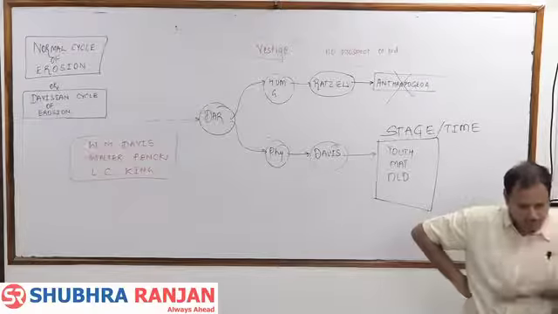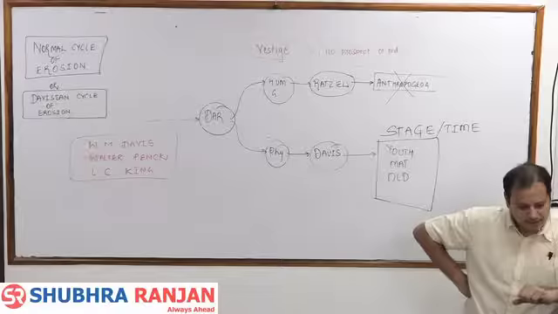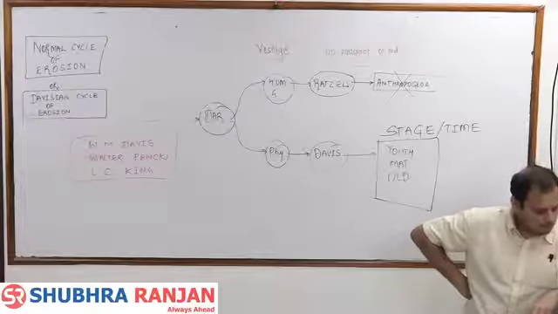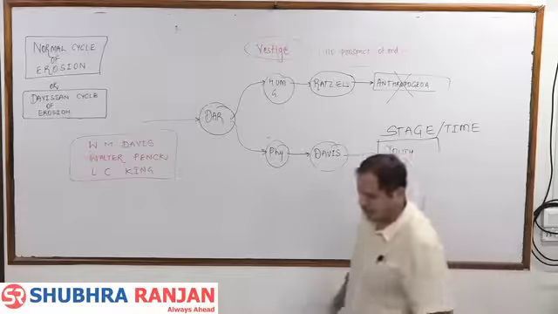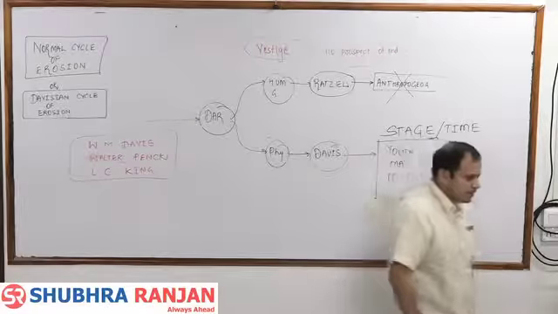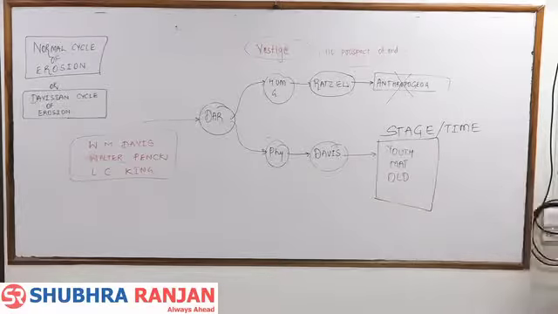Published his geographical cycle of erosion in 1899. Inspired by, this has to come in the introduction, inspired by Darwin's Origin of Species.